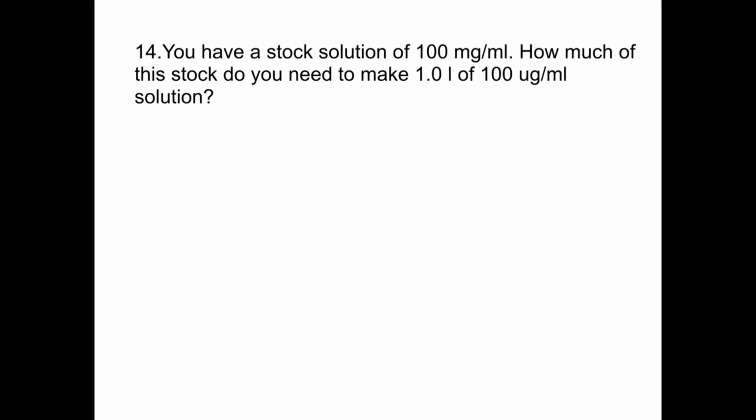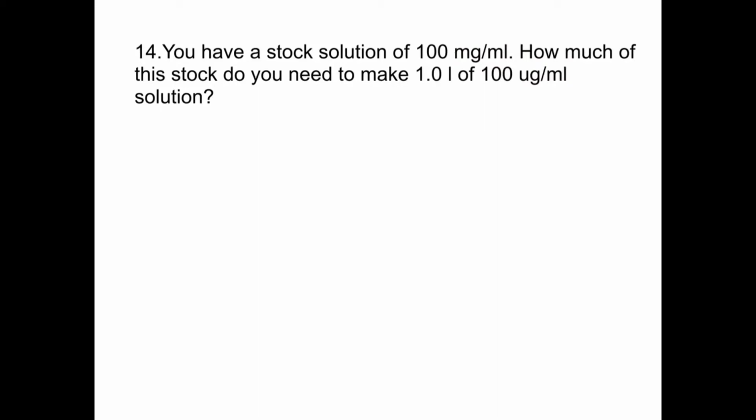And here's another question. In this case we don't have molarity, but we have milligram per milliliter in our stock solution. So this is pretty much the same that we've done before, but we need to make sure that we are using the same units here. So milligram and microgram, we need to be a little bit careful here, but we still have the same equation.